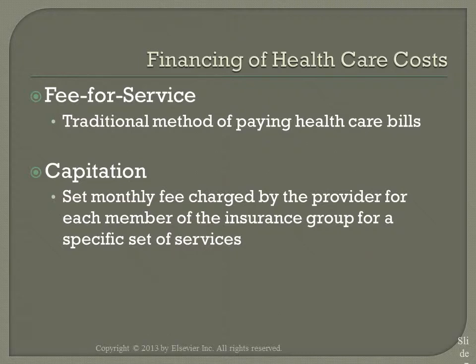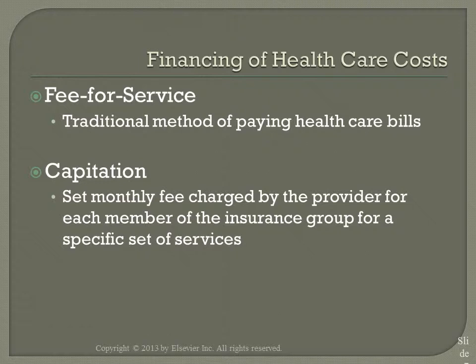With capitation, there is a set monthly fee charged by the provider for each member of the insurance group for a specific set of services. This is managed care, such as HMOs and preferred provider organizations. If healthcare costs more than a monthly fee, then the provider will be the one to pick up the cost.